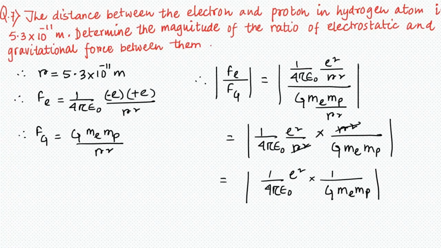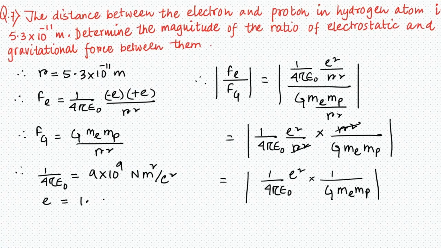Now the values of this e square, G, me and mp are also given. I forgot to write. So first, 1 upon 4 pi epsilon naught is equal to 9 into 10 to the power 9 Newton meter square per coulomb square. Then e is 1.6 into 10 to the power minus 19 coulomb.